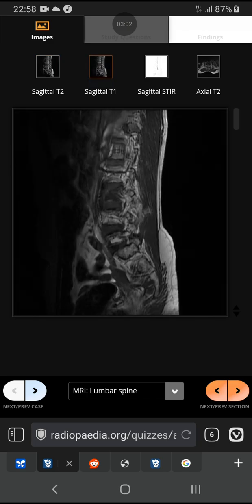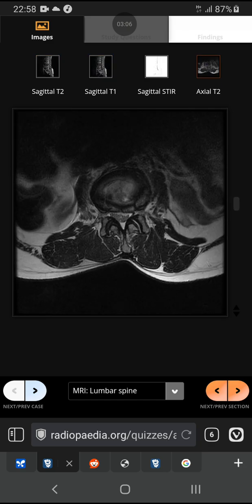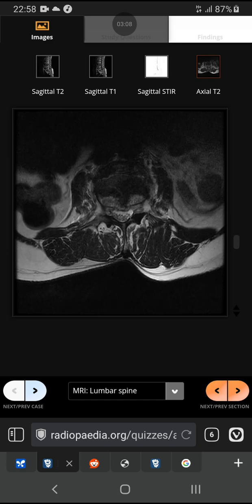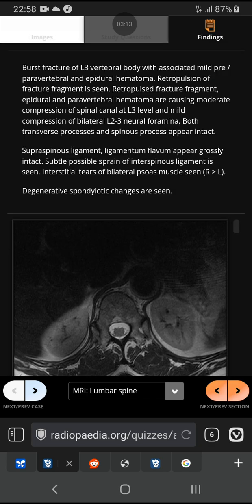So it's not the nucleus pulposus. What I see right over here is the vertebra itself. So let's look at the findings.